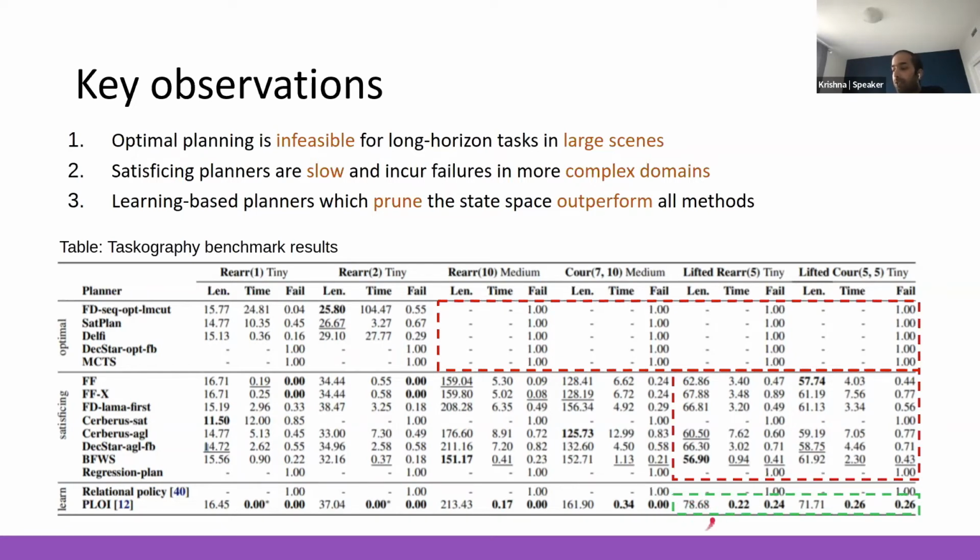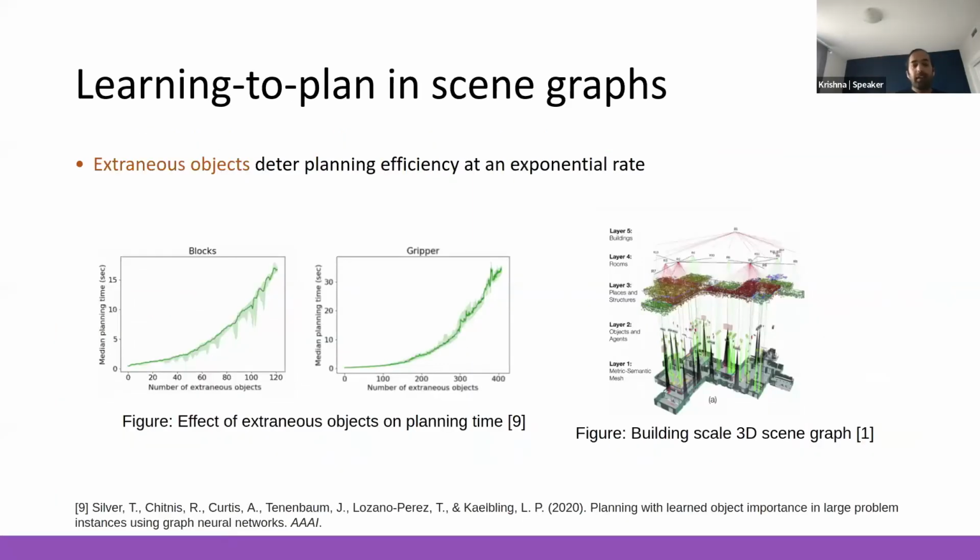Its plan length is not too much larger than some of these others. So there are these three key observations here. And when we dig deeper, there are two solutions that we come up with for both of these kinds of problems. And one solution here was again work by Tom Silver and Rohan Chitnis.